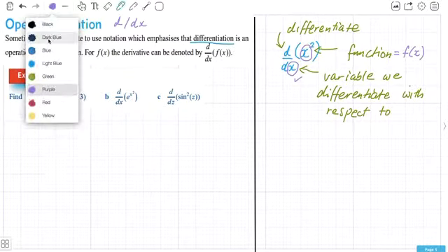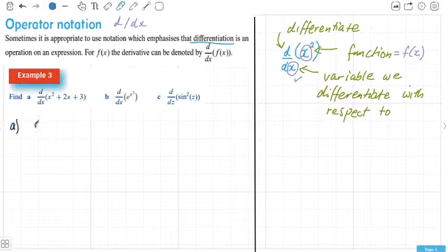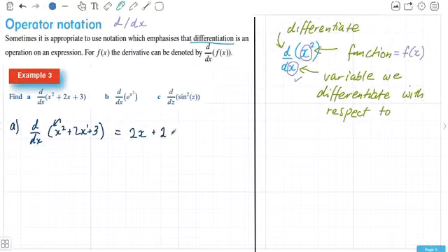So the first question that we're looking at here, we've got d/dx outside of x squared plus 2x plus 3. That literally just means differentiate x squared plus 2x plus 3. We know that when we differentiate, the power comes out the front. We then take 1 off the power, so 2 will become the power of 1. Again, we actually have a little power of 1 there with an x, so when we differentiate the x, the 1 comes out the front and multiplies the 2.